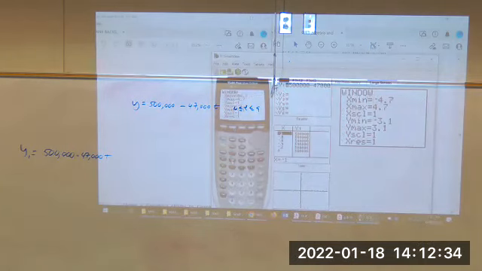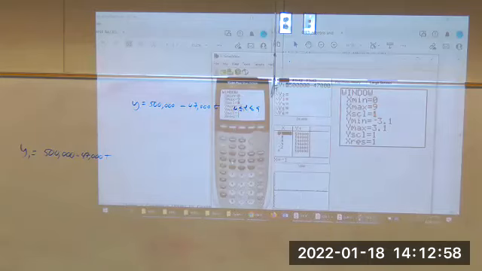Now, in the window, t is from 0 years to 9 years. So my x minimum should be 0. My x maximum should be 9. At 0 years, how much is this MRI machine brand new? $500,000, brand new.